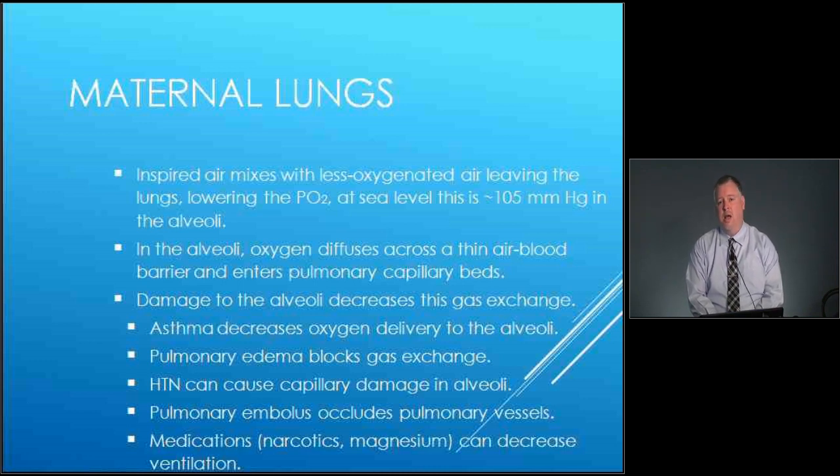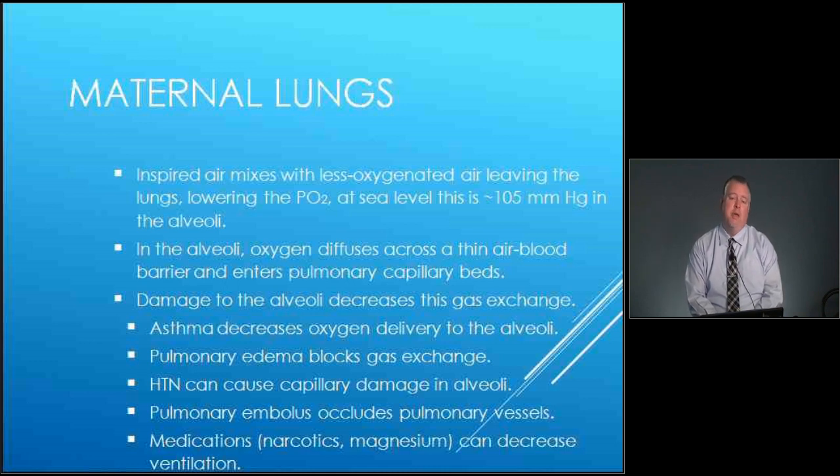Hypertension can cause capillary damage in the alveoli. So even though we're delivering oxygen to the alveoli, if there's capillary damage, those capillaries are unable to pick up that extra oxygen in the alveoli and deliver it to the body. A pulmonary embolus can alter oxygenation because it will occlude a pulmonary vessel.